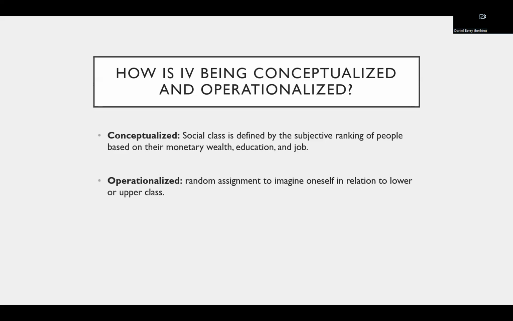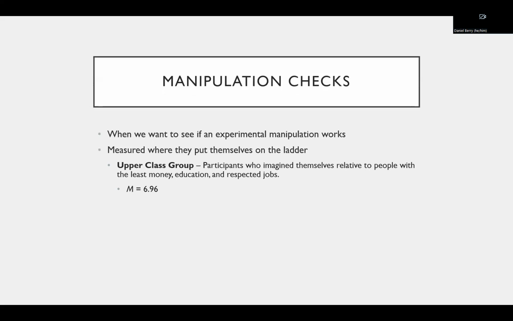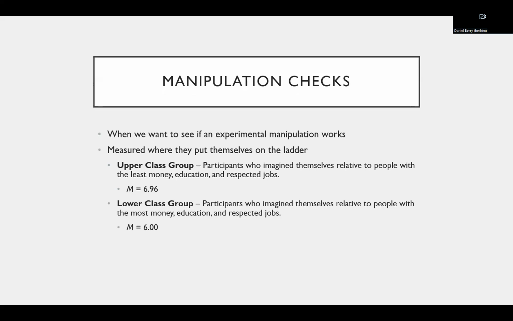Okay, so you're either in one group or you're in the other group. That's how it was operationalized. There were some manipulation checks in this study. They wanted to see if it actually worked. People who compared themselves to lower class, or in other words, the upper class group, had a higher mean than those who compared themselves to the upper class, or in other words, the lower class group. And they were significantly different.